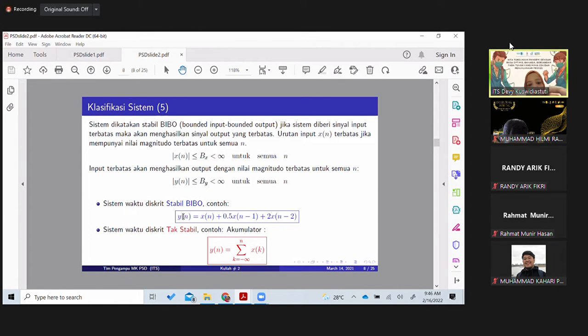So this is an example of an unstable system: the accumulator, when we sum up the value of x[k] here, from minus infinity to n.